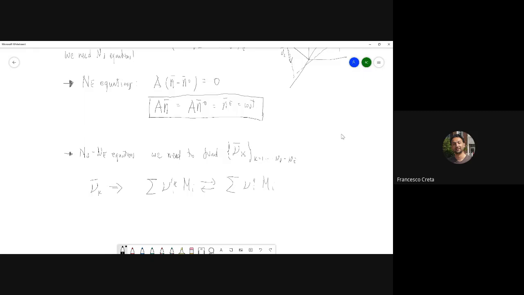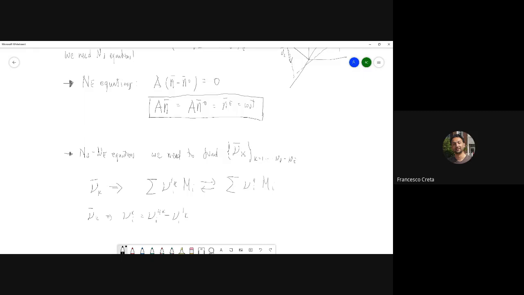Remember that, I'll write it here, okay? This vector here has components ki, which essentially are the difference between the product and the reactant side.